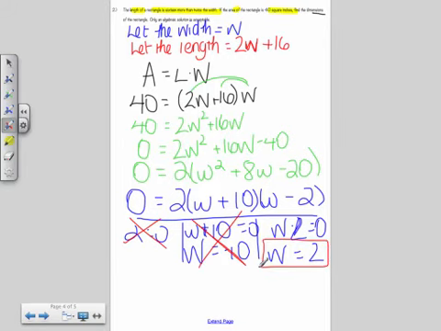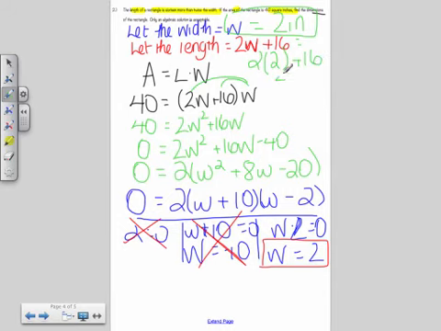So then I'm going to go right back into my let statements up here, and fill in how much each dimension is. If the width is W, it just means that the width is plain and simply 2 inches. Then I'm going to figure out what the length is. The length is 2W plus 16, so it's 2 times 2 plus 16.